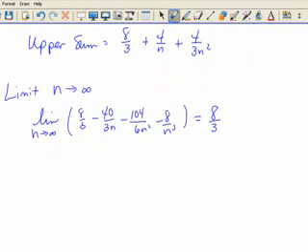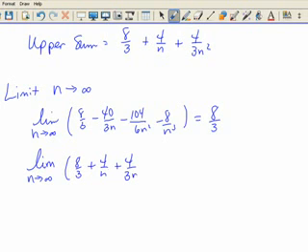Okay, so this is the limit of the lower sum. The limit of the upper sum, which is not as scary to look at, still not very nice, but 3n squared, those two fractions that have n in the denominator are going to 0, so this limit is 8/3.